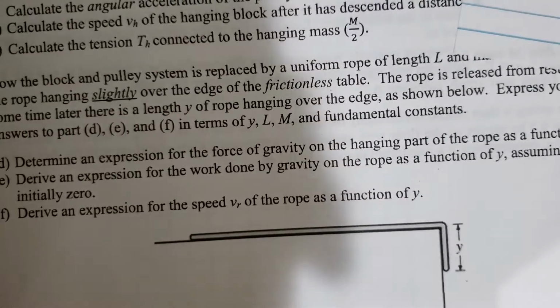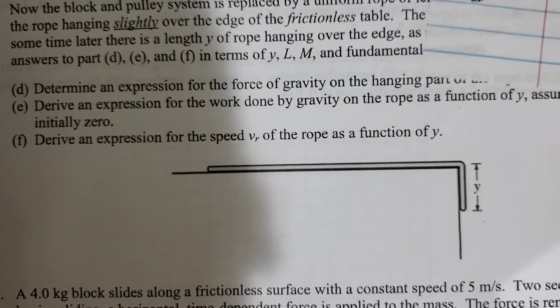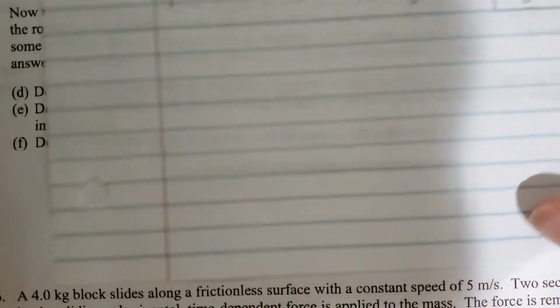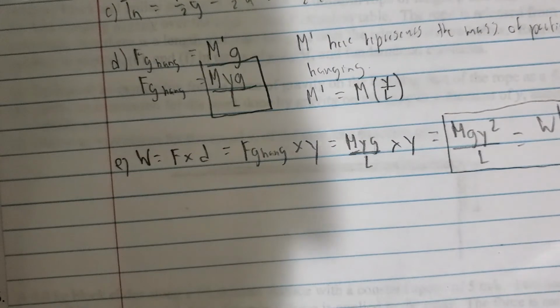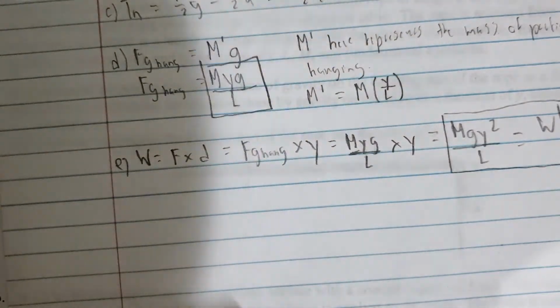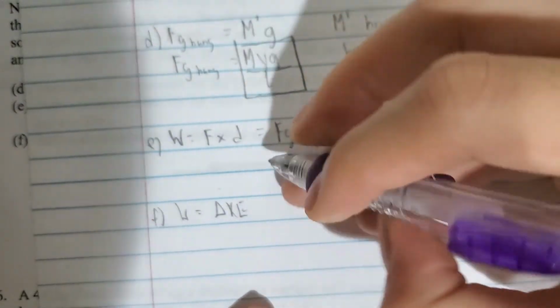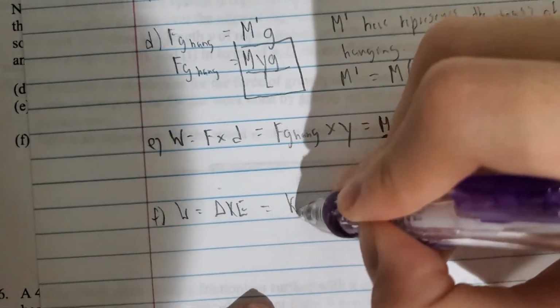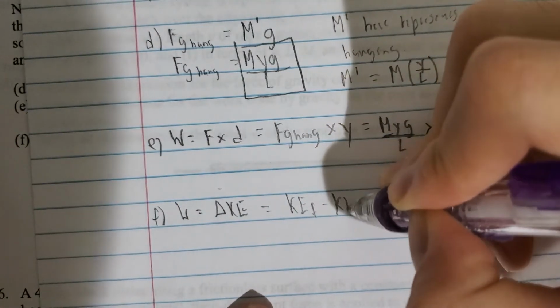Now part F says to derive an expression for speed Vr of the rope as a function of Y. Okay, so I can use work once again to help me do this, because I know that work is equal to a change in kinetic energy, KEF minus KEI.